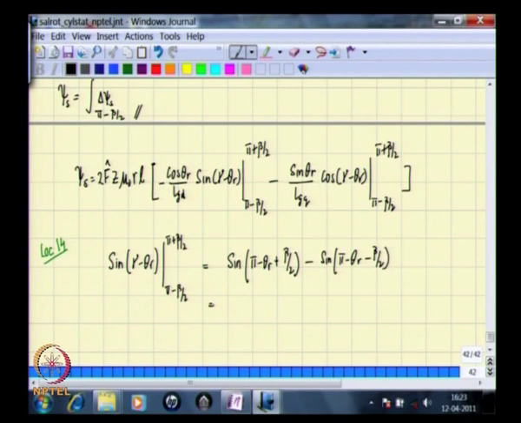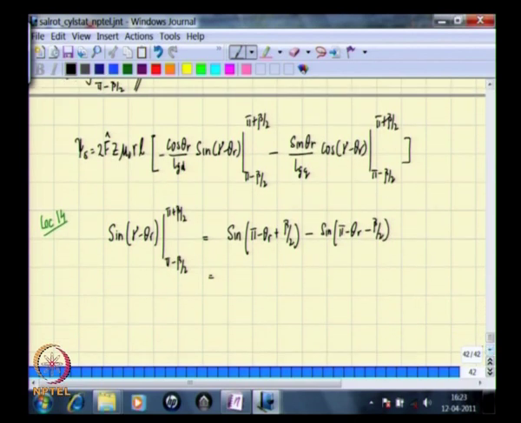So this is of the sine a plus b minus sine a minus b form. So this is 2 times cos of pi minus theta r into sine beta by 2, which is nothing but minus 2 cos theta r sine beta by 2.